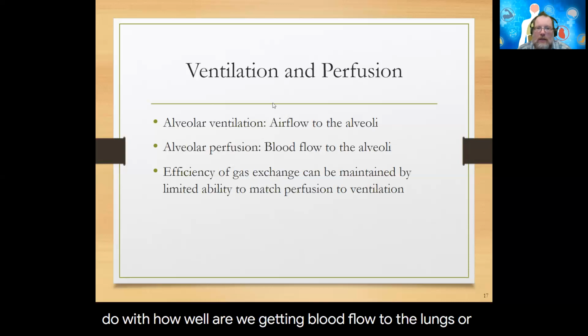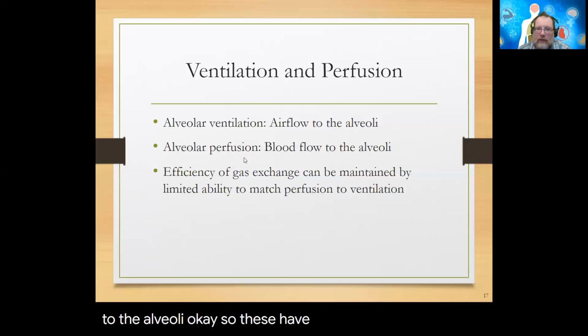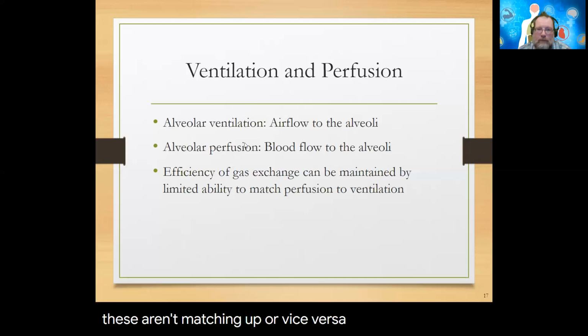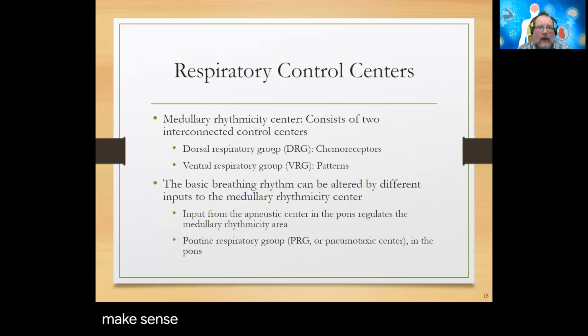So these have to match up. If we're getting an excess amount of blood and not enough oxygen, these aren't matching up, or vice versa. So the efficiency of gas exchange is determined by how much blood is flowing to the lungs and how much air is getting to the lungs. It makes sense.